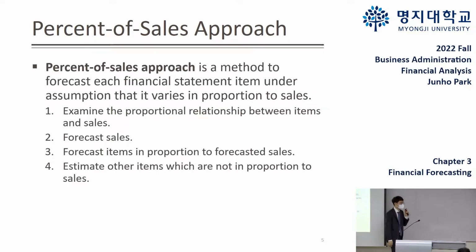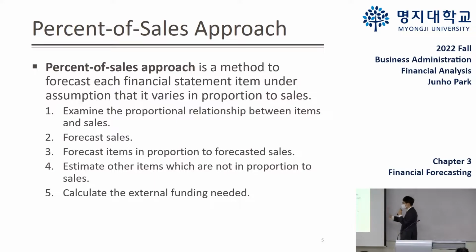Or you can make some rough assumptions, or you can make a linear projection, and maybe you can make other assumptions as well. But anyway, we are going to make several assumptions to determine the values for other items, and then finally we can complete our pro forma balance sheet and pro forma income statement.